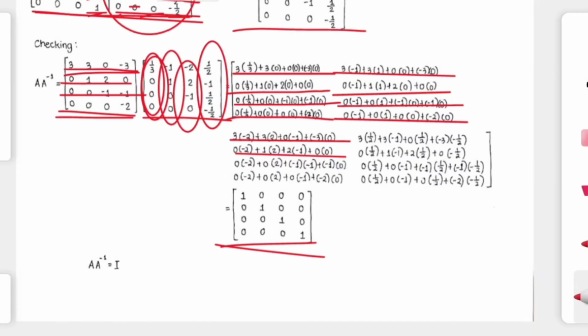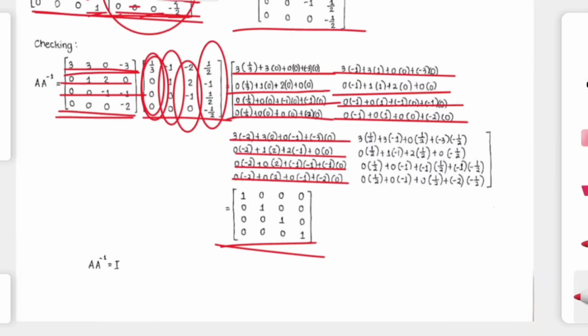For the column 3, row 3 multiplied to column 3, we have 0 times negative 2, 0 times 2, negative 1 times negative 1 plus negative 1 times 0. And for the last one, for row 4 multiplied to column 3, we have 0 times negative 2 plus 0 times 2 plus 0 times negative 1 plus negative 2 times 0.